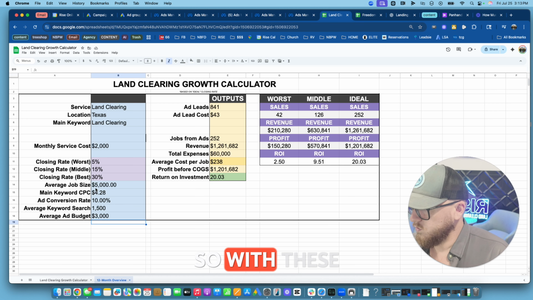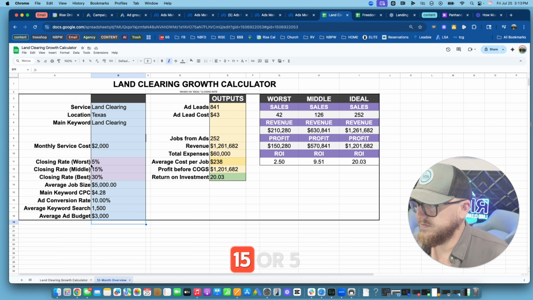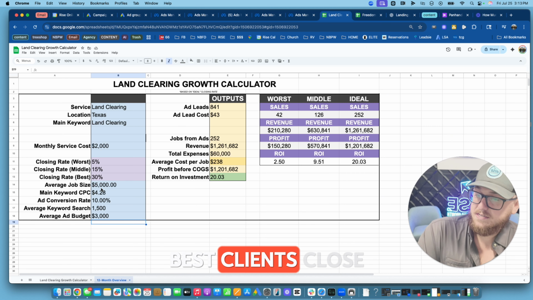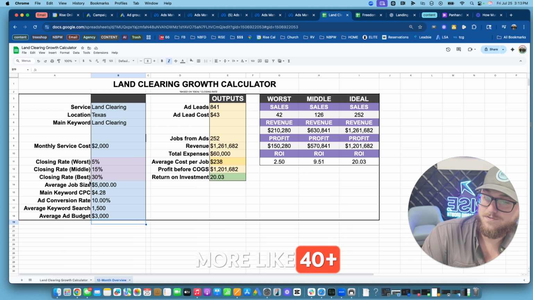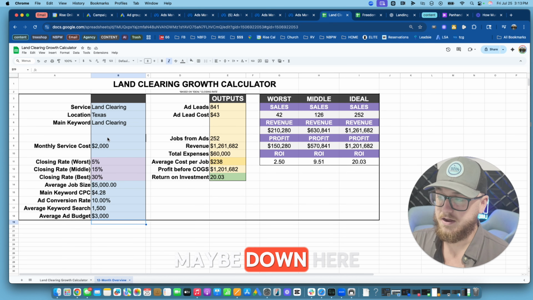So with these numbers inputted, and then closing rates of worst, middle, and best, 5, 15, and 30. Some of our best clients close more like 40 plus, but then the ones who are not good at working leads may be down here in the lower range.